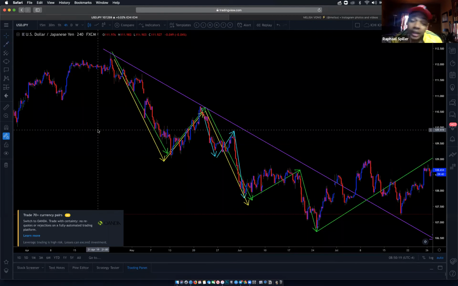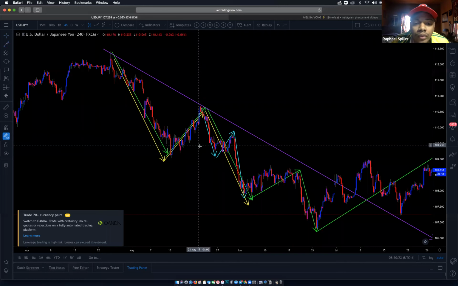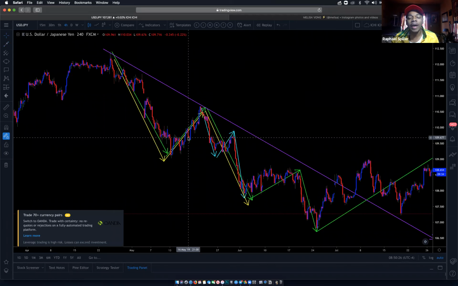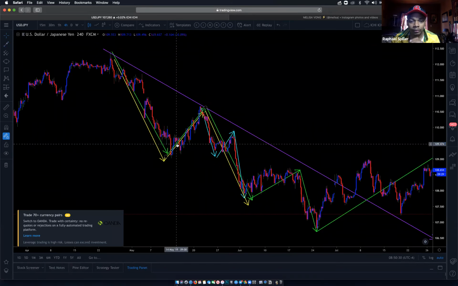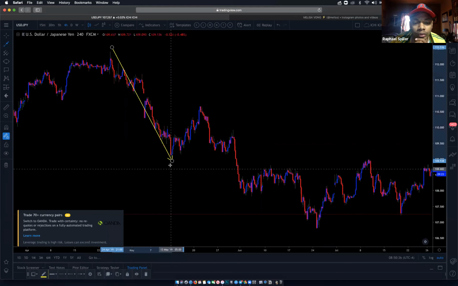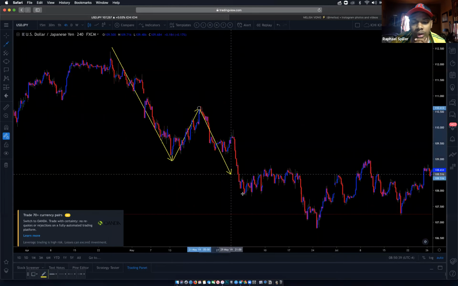So what I'm saying is, there are so many moves, so many patterns inside of bigger patterns. Are you getting what I'm saying? So this is a 4 hour impulse, correction, continuation.